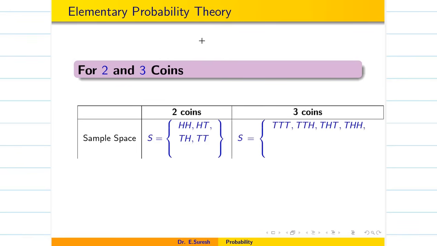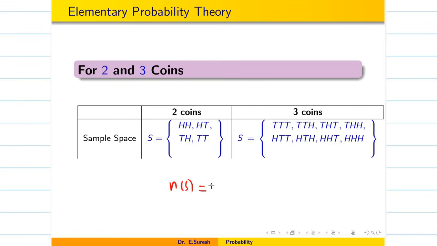If you take 3 coins, you have to fix like this: head, head, head, then head, head, tail, and different combinations you have to write: head, tail, head, then tail, head, head. So first I fix 2 heads, second I fix 1 head and a tail, and then I can get all the possible outcomes.